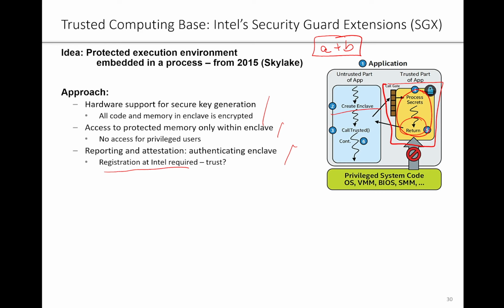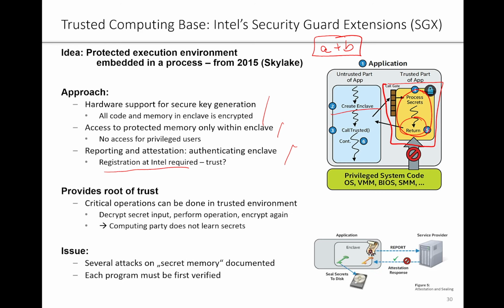Basically the process is as follows. Critical operations must be done in a trusted environment: decrypt secret input and so on. So what happens is that if this is the computing party, there's some kind of signature of Intel that they verified the software, that it's really correct. There's some attestation response, and basically they can show a client that they have been attested, that it's really running that service on the machine.